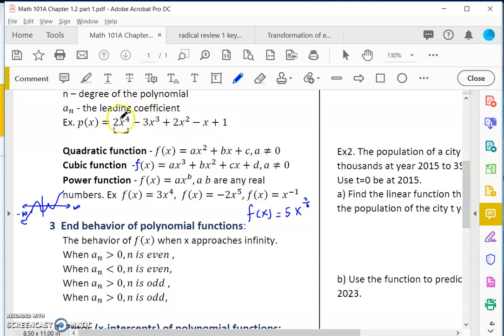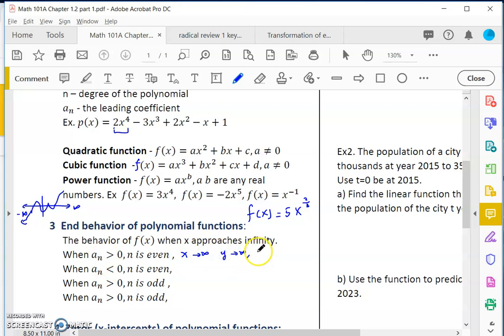You only look at the leading term. And if the leading coefficient is positive, and n is even, then you just imagine if x approaches infinity and you have x to the n power which is even, and a_n is positive, y would also approach infinity.